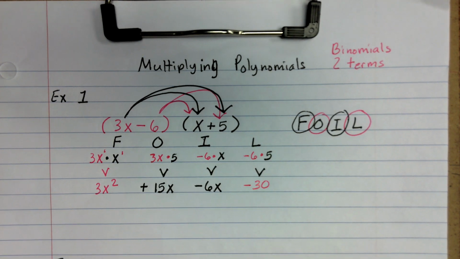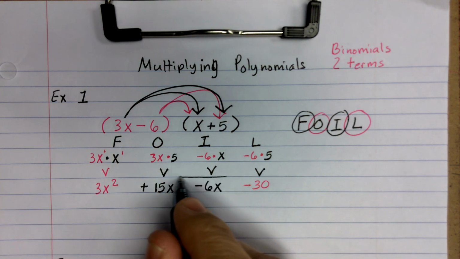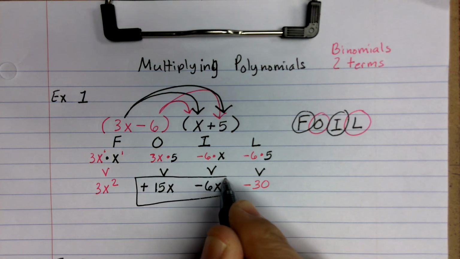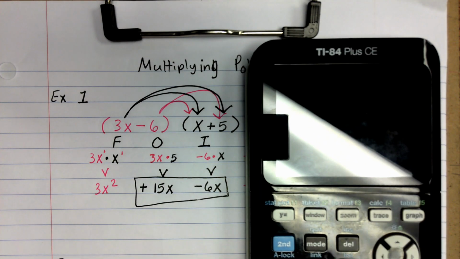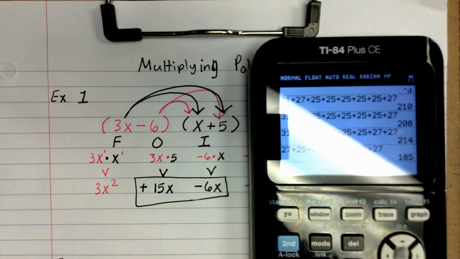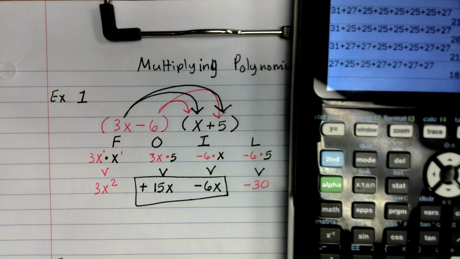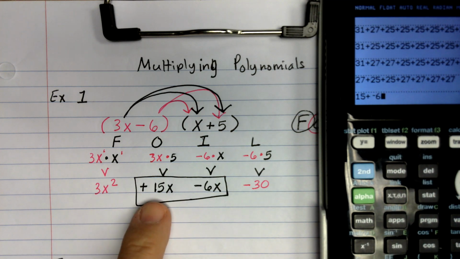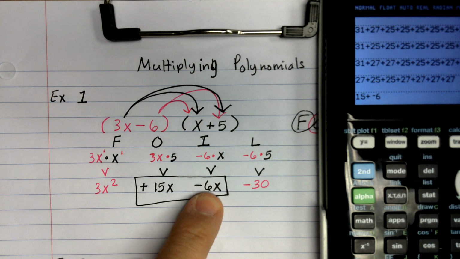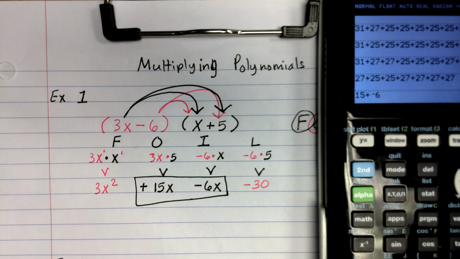The next thing we're going to do is take these two middle terms and combine them. So we have 15 plus negative 6. Notice all I did was take the coefficient of the first term and this next term, and I added them together.